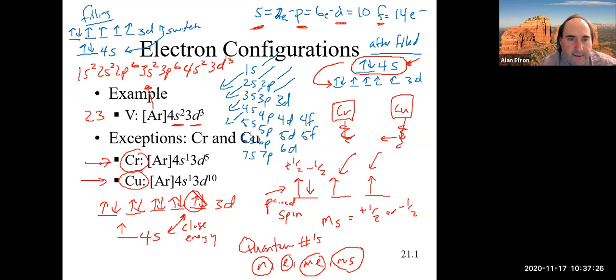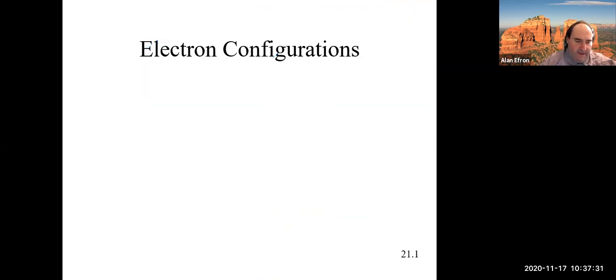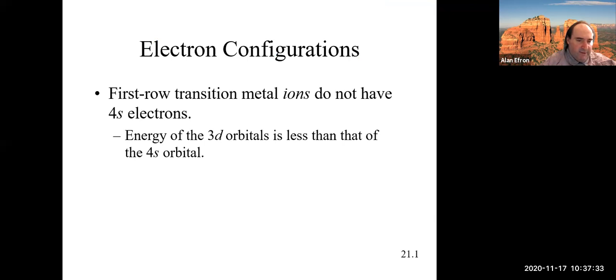So let's see here. As I mentioned before, the first row transition metals will basically lose those s electrons first. So even though they are lower in energy as the electrons go in, once we start putting some electrons into those d orbitals, we do get that switch in energy.